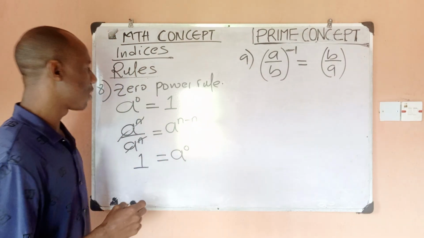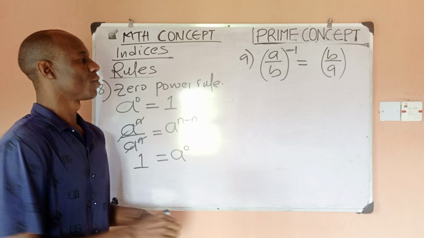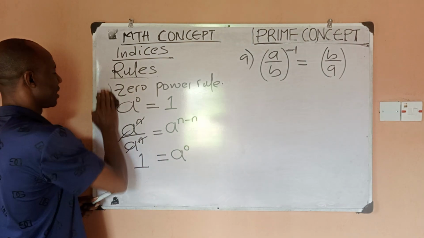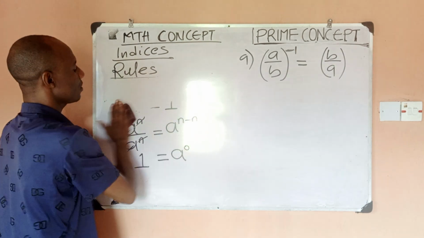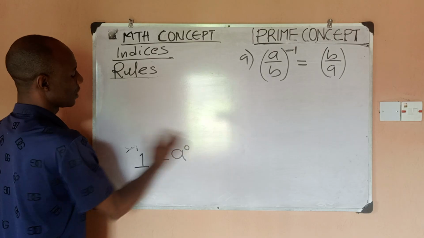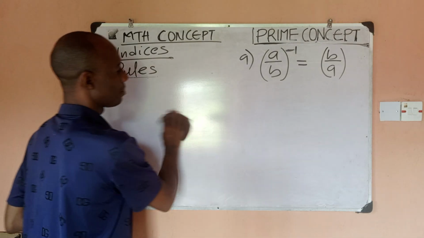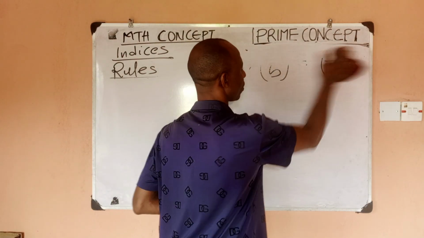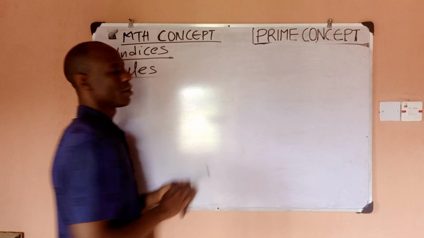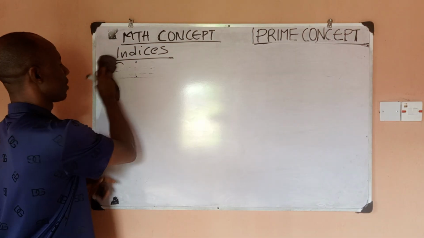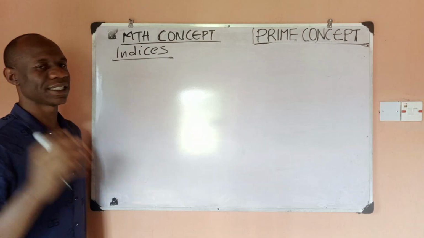Now, I want to point out a very important thing you would have noticed in the course of solving problems or applying these rules. I've mentioned two salient points. I want to pronounce those points now because they are very important in indices.